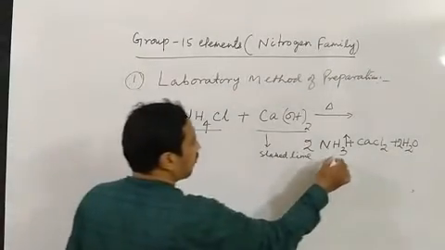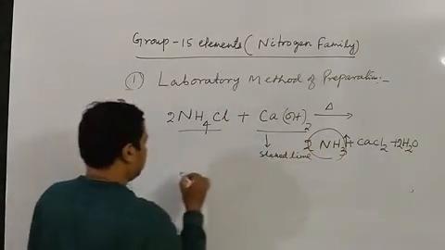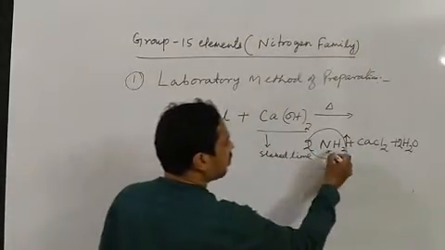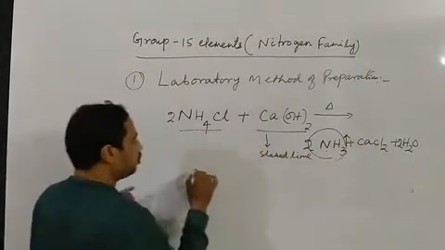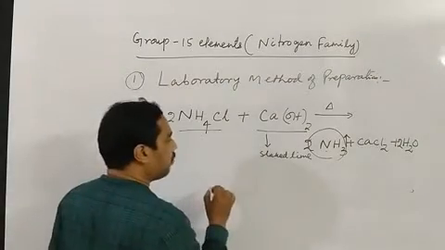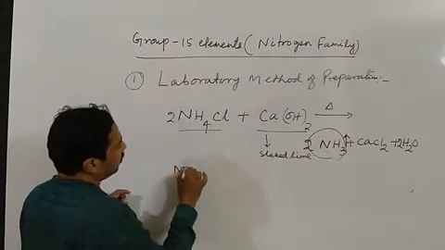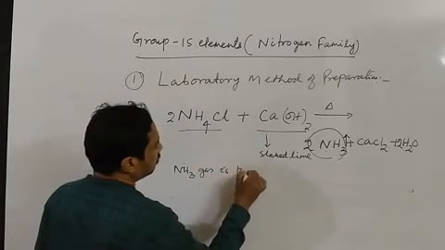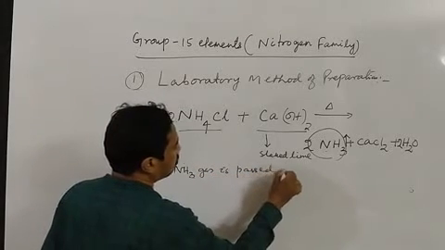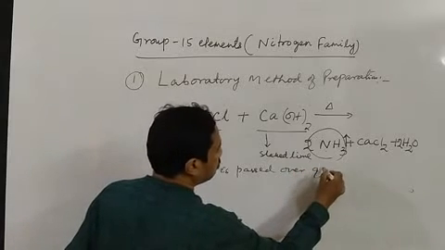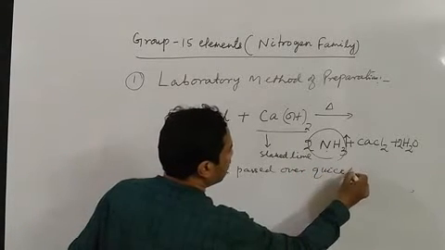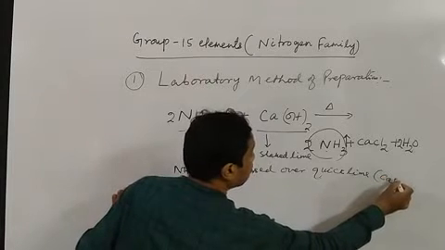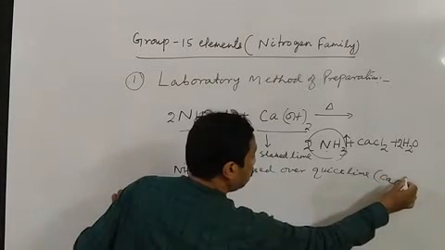This ammonia is dried to get pure ammonia, because it is contaminated with water vapor. So in order to remove this water vapor, the ammonia gas is passed over quicklime, that is calcium oxide.